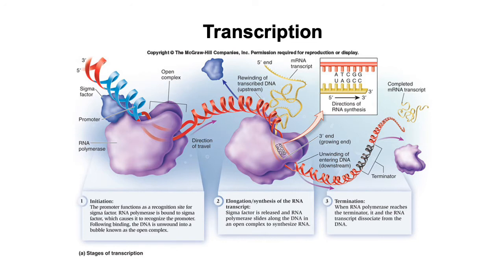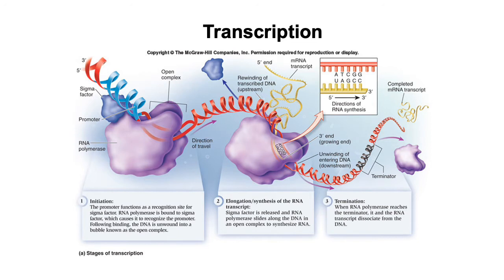And then the second step, shown here in number 2, is what we might call elongation, or the actual synthesis of the RNA transcript. The RNA polymerase moves down the DNA, and it basically copies one of the DNA strands into RNA. So remember, with DNA, A always pairs with T, G always pairs with C. But remember, there aren't T's in RNA.